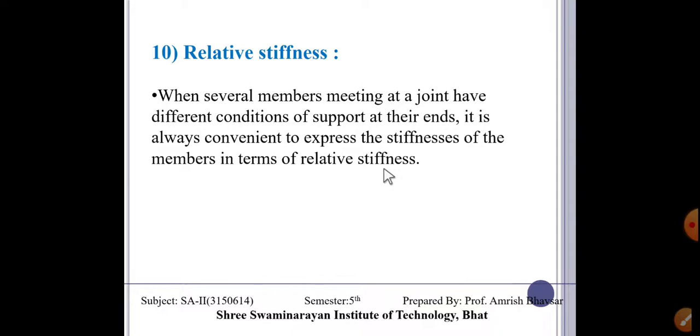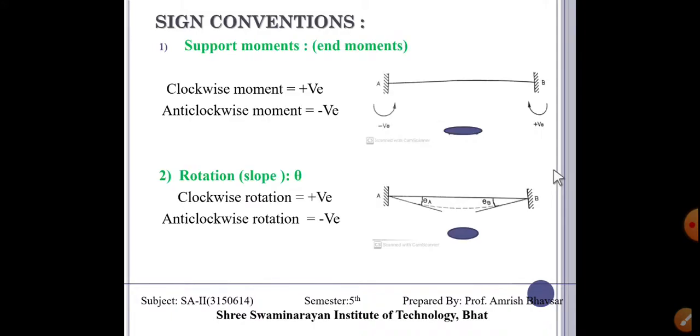Relative stiffness is the most important part of this moment distribution method, because on the basis of this stiffness, moment will be distributed from one joint to another joint. So relative stiffness is the most important part for us.